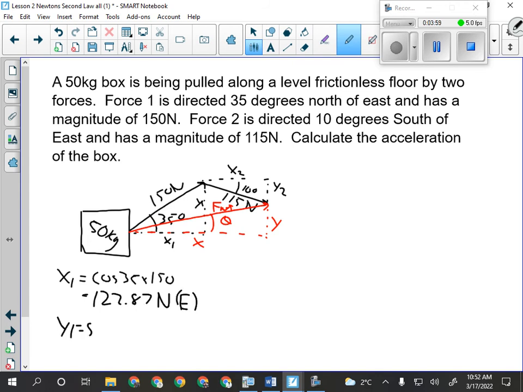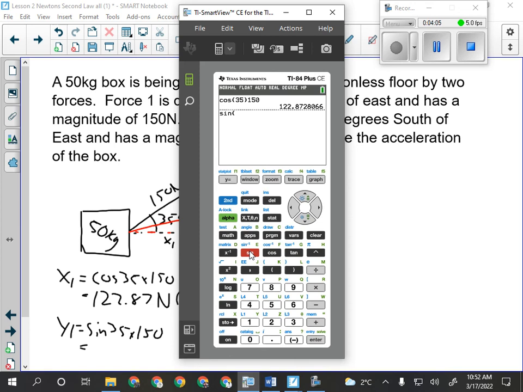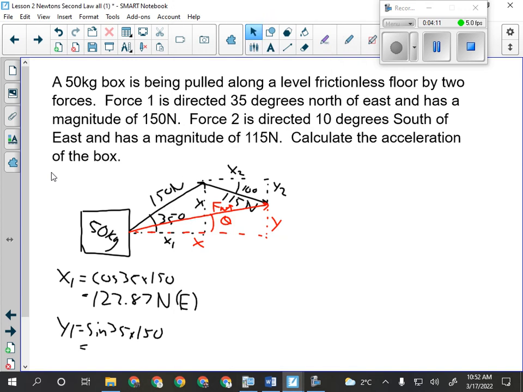Then y1 will be the sine of 35 times 150. So 86.04 newtons, and that'll be north. Then I've got to find x2.